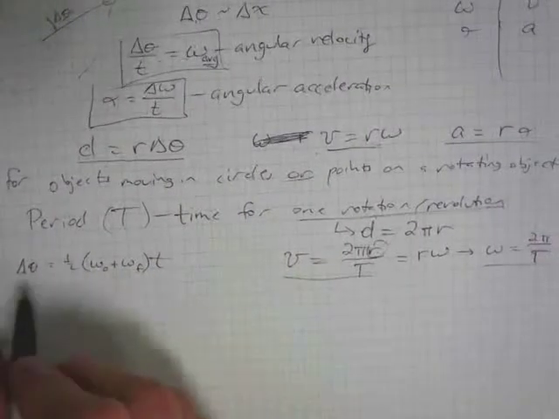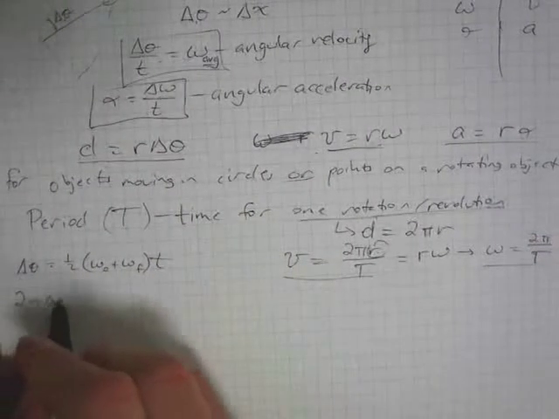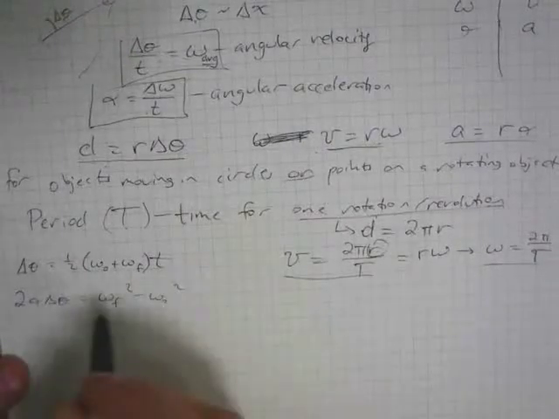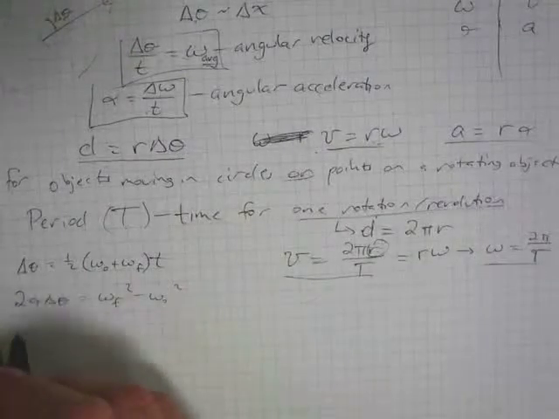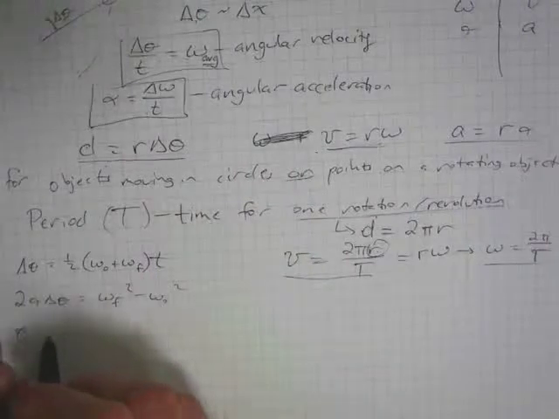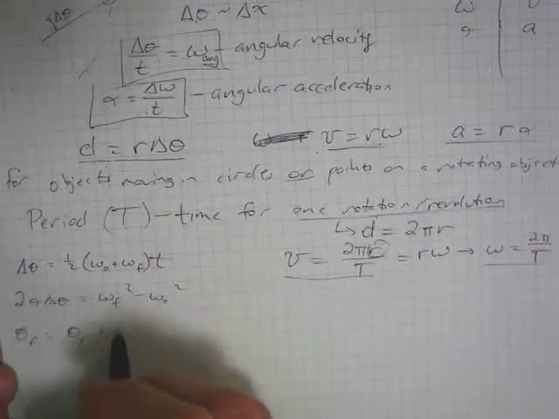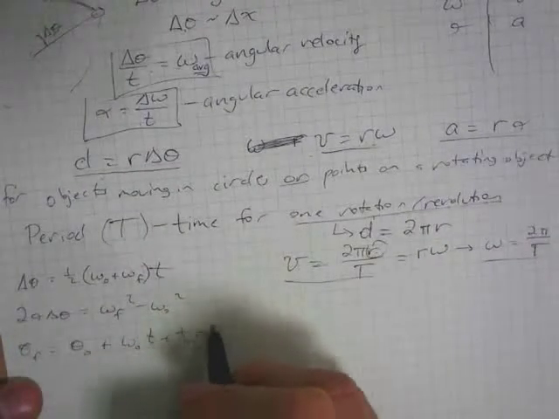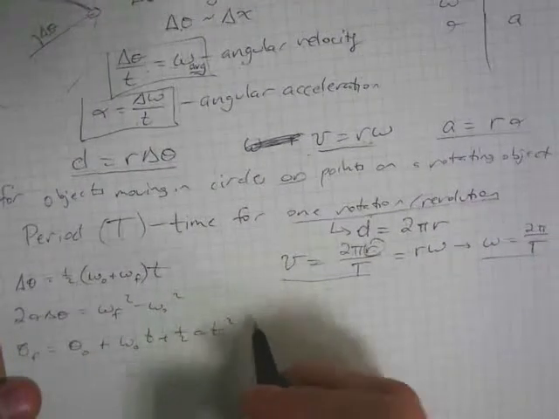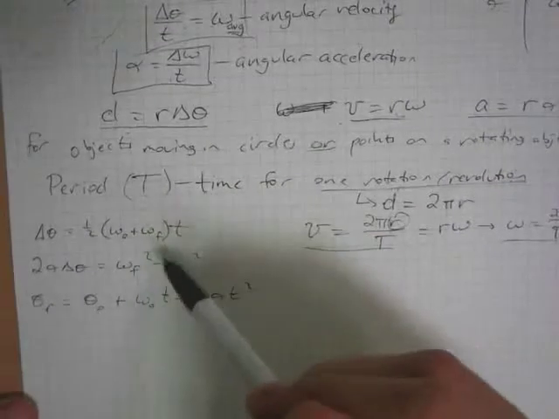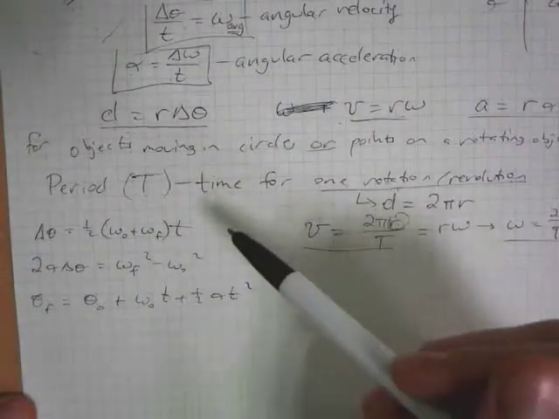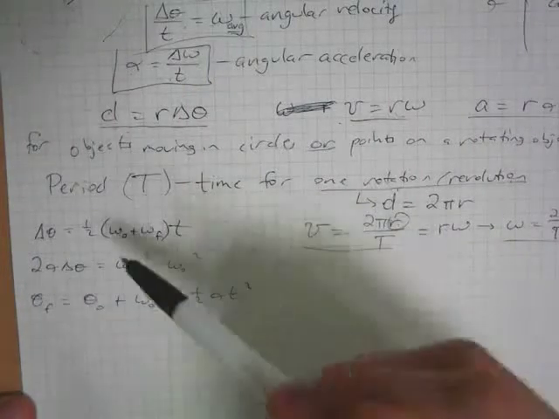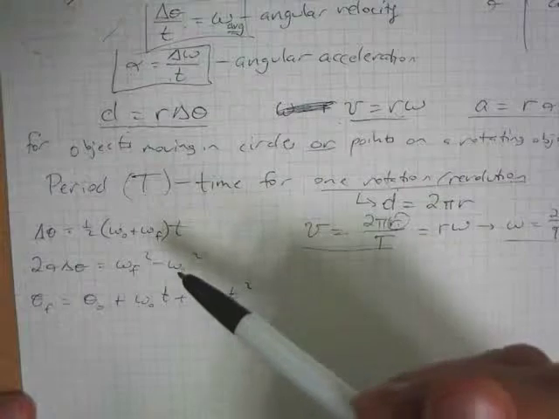We can say 2 alpha delta theta equals omega final squared minus omega naught squared. And we can say that theta final equals theta naught plus omega naught t plus 1/2 alpha t squared. And these three equations are analogous to our equations of linear kinematics, and we can apply them to various rotational problems.